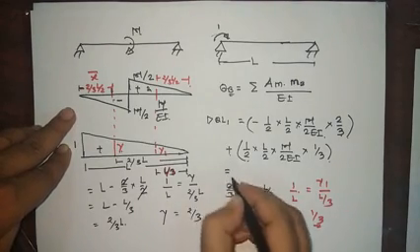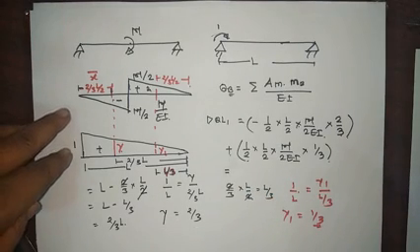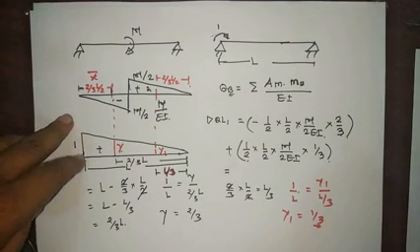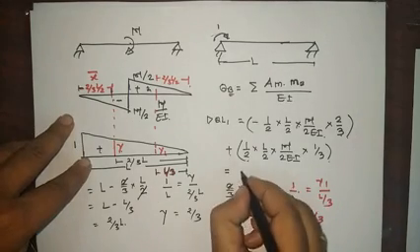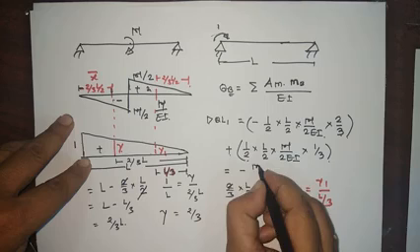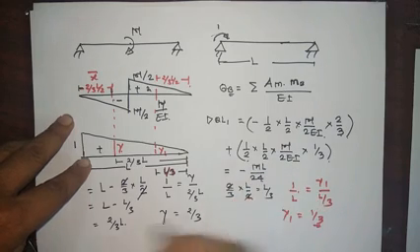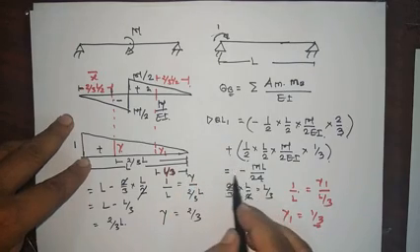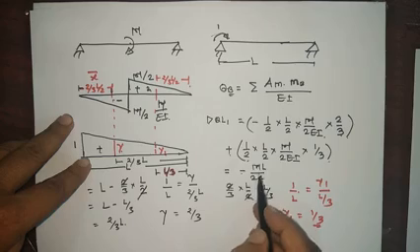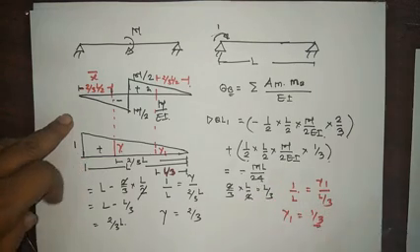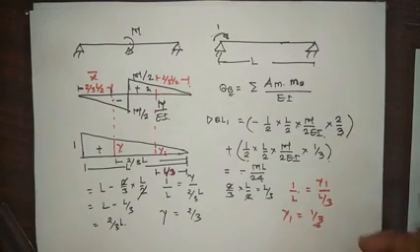So this total is minus ml by 24. So dql1 is equal to minus ml by 24. Now we have to calculate the dql2.